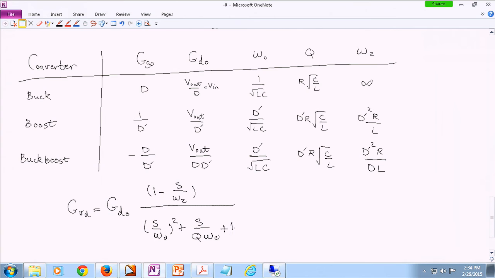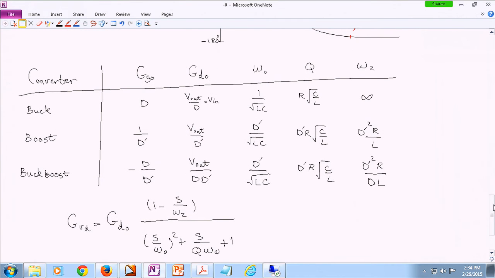The bottom is pretty much what we introduced earlier, a classic way of representing a quadratic transfer function, and it could have a DC gain of G sub D naught. So this G sub D naught is actually introduced here in this column of this table.